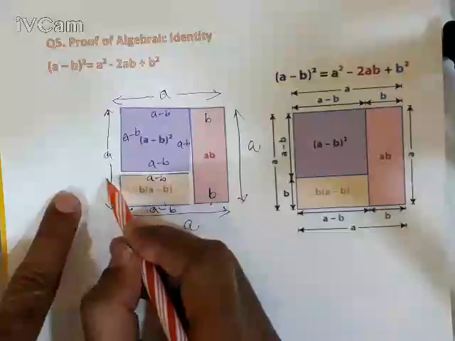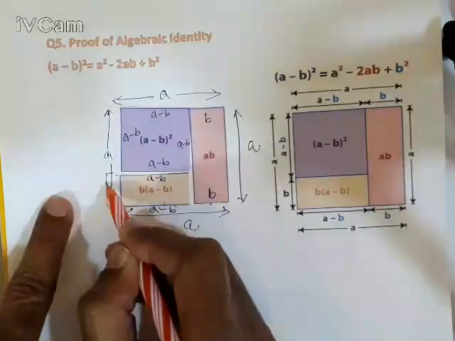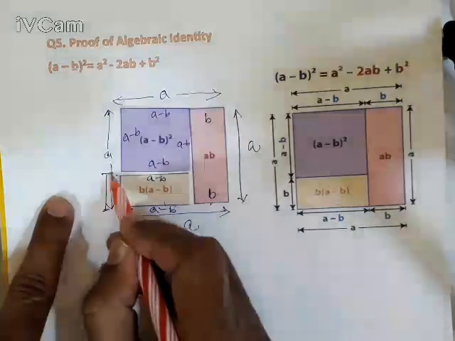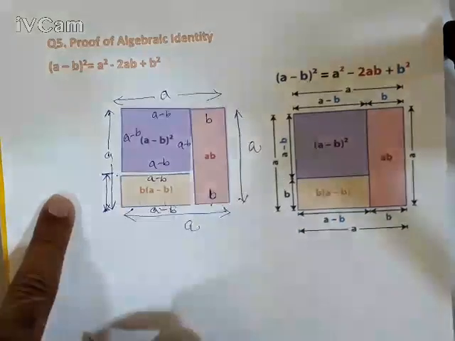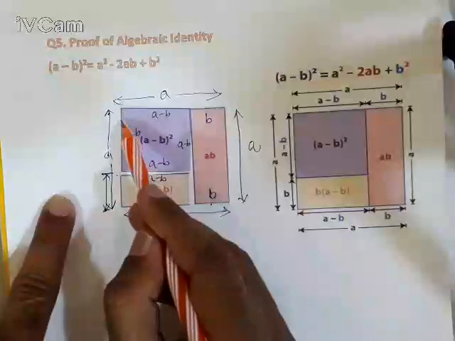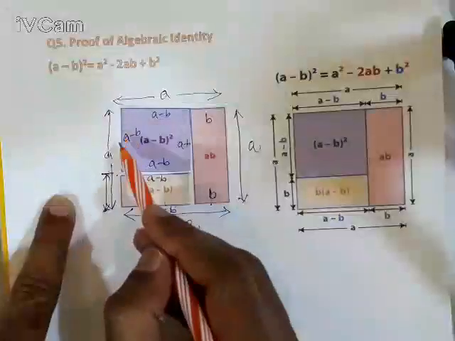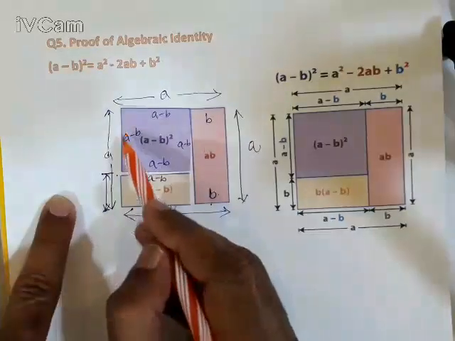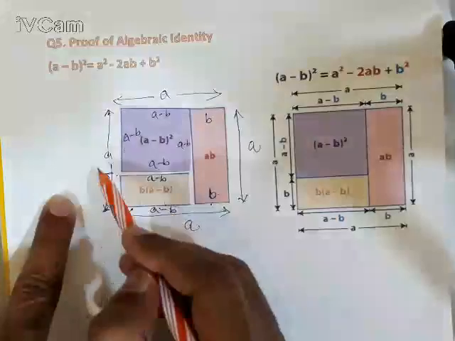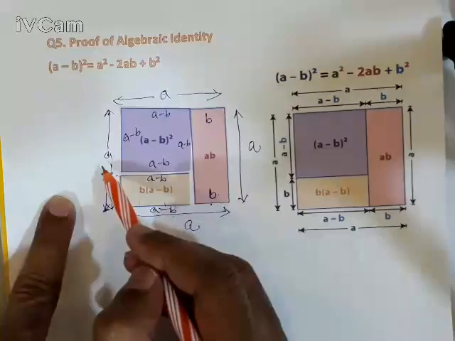Now we know that this side is a minus b. How will you calculate this smaller portion of the rectangle? As we know that the side of this square is a minus b and the whole square has length a.